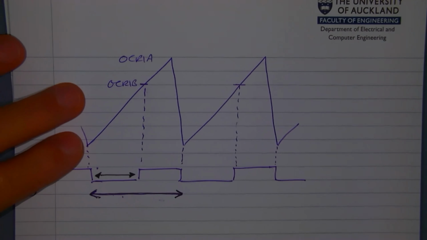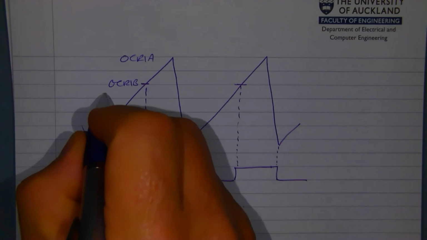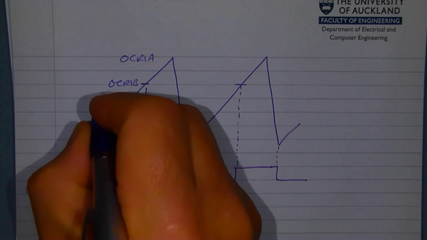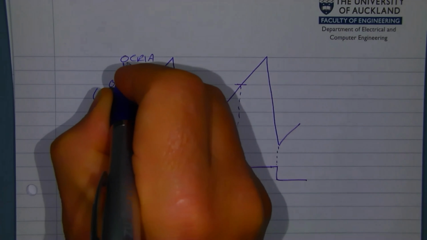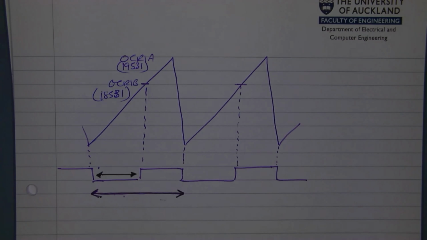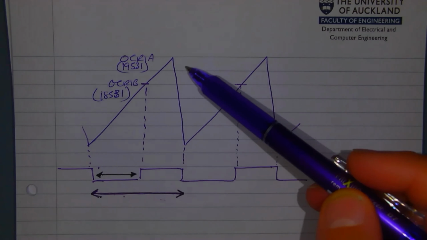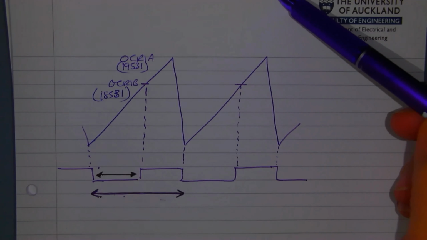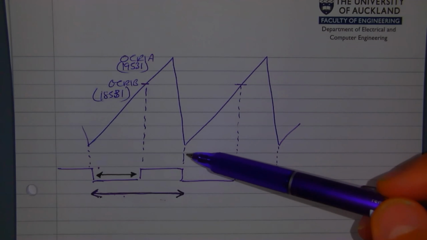So what we've got is our counter values. This is 18531, and this is 19531. Now, just as a ballpark, think about it. Our full counter period from 0 to 65535 is 4 seconds when we've got a prescale of 1024, as we do in this situation.